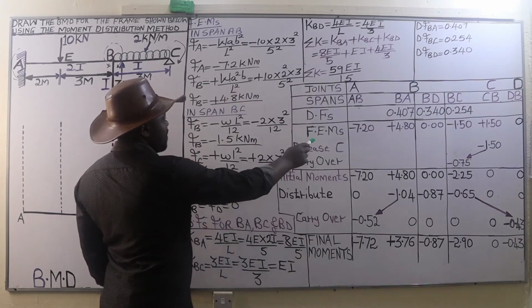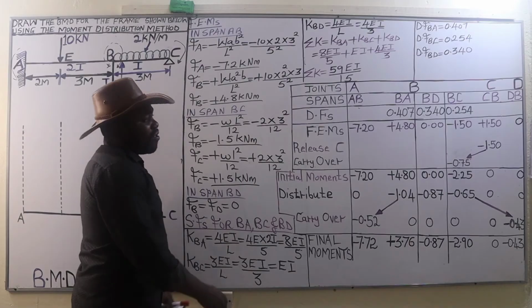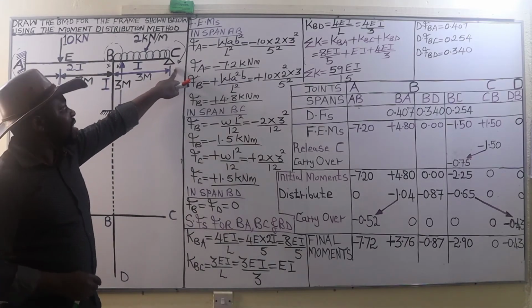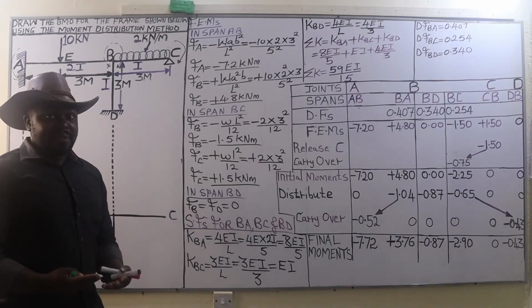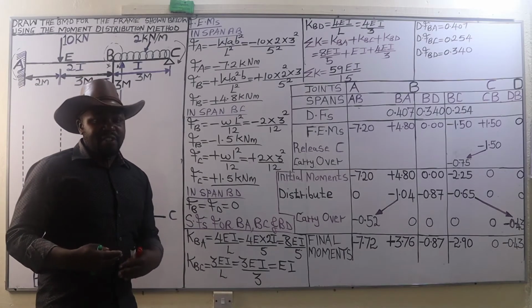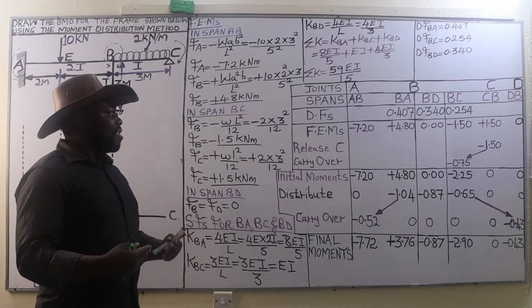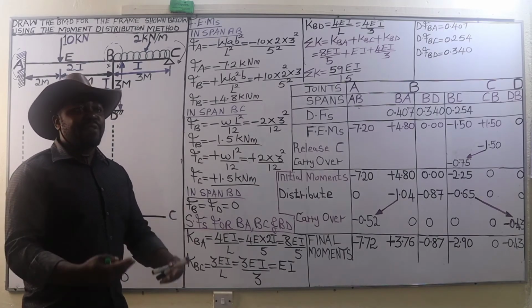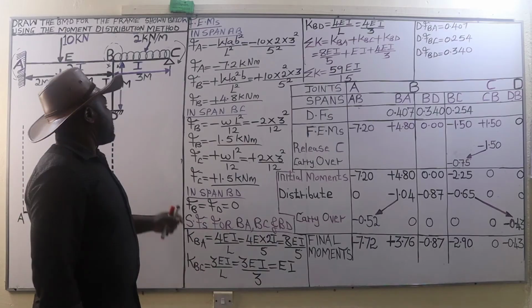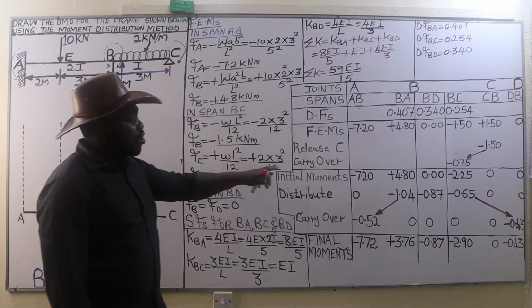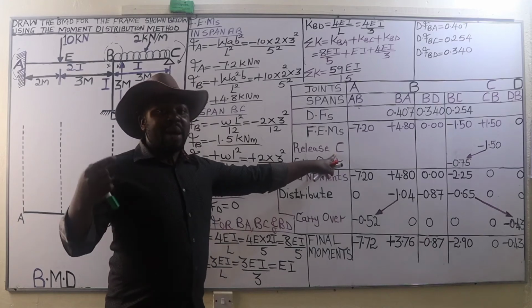Then below the fixed end moments, we are going to release C. The reason why we are releasing C is because it is simply supported. And remember, in our previous video we said that whenever we have a simply supported end or a simply supported joint, we are going to release it to balance it.